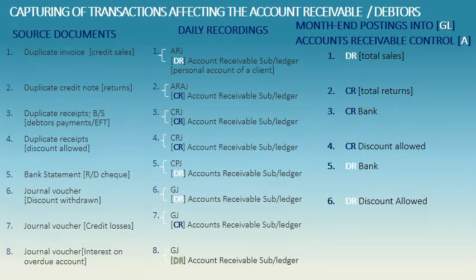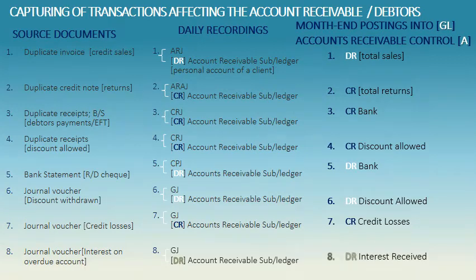The accounts receivable control was debited with a discount allowed, posted from the general journal, being the discount withdrawn on the RD check. The accounts receivable control in the ledger was credited with credit losses posted from the general journal, being the bad debt written off.